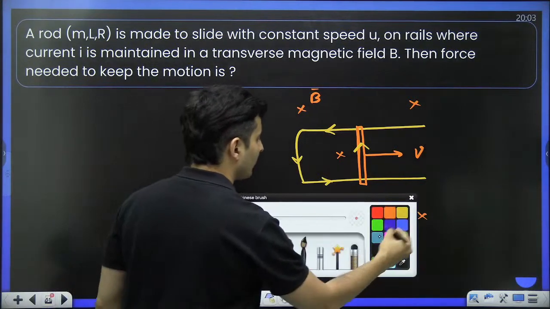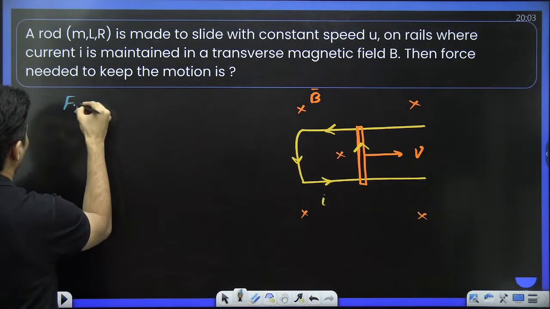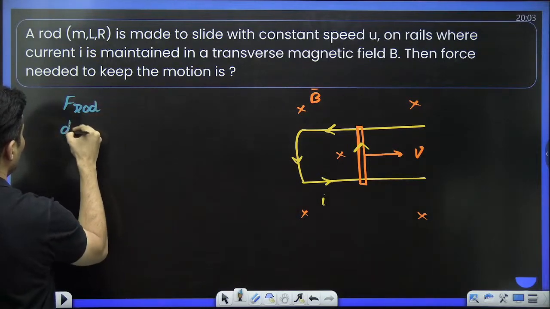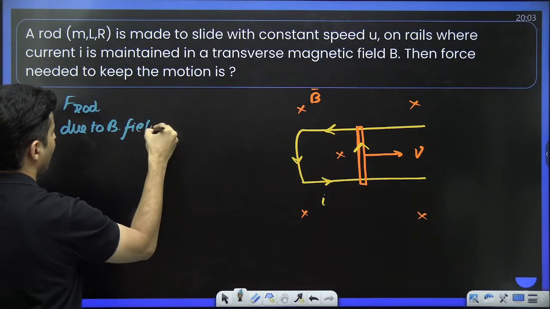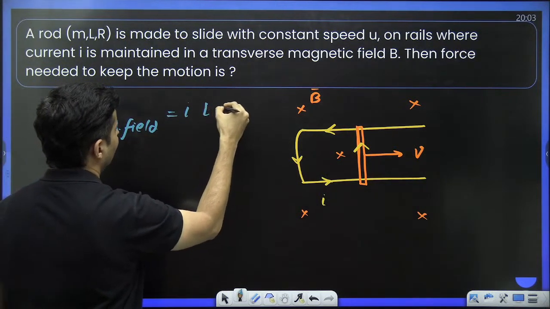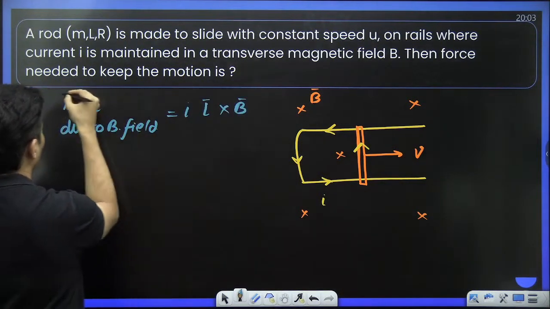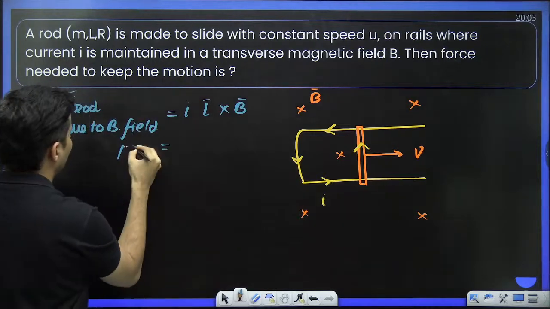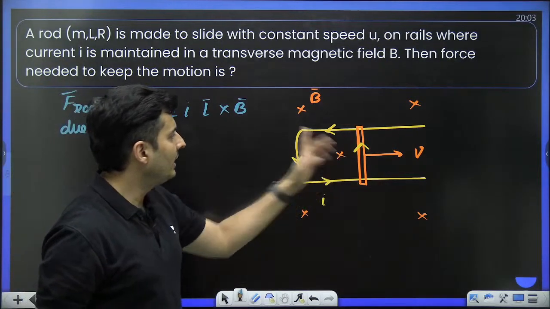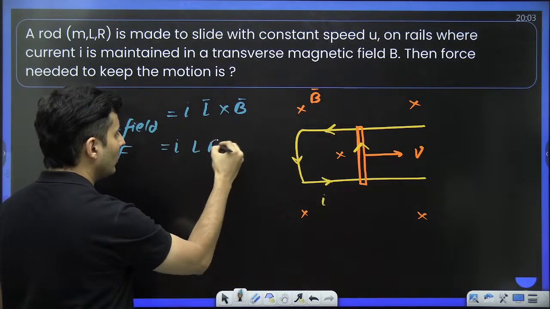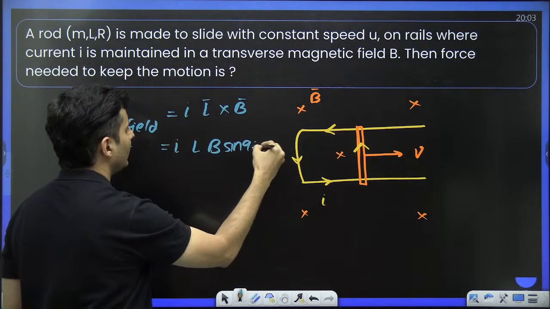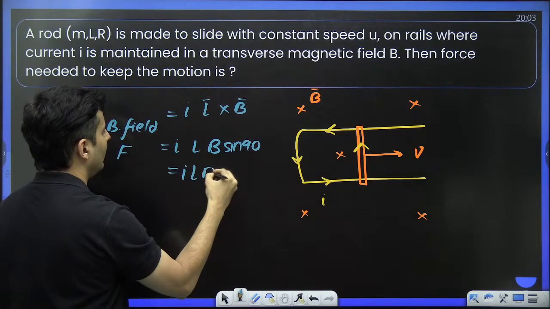Use the formula for the force acting on the rod due to the magnetic field: I L cross B. The current is I, the length is L, the field is B, and the angle between them is 90, so it is basically ILB.